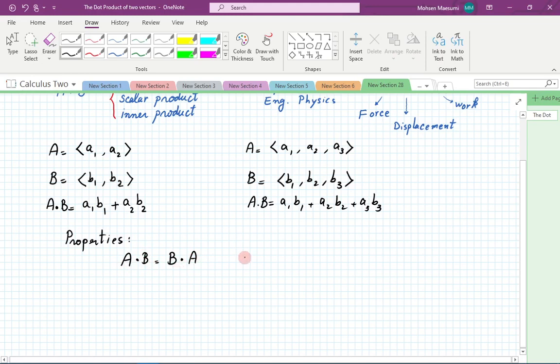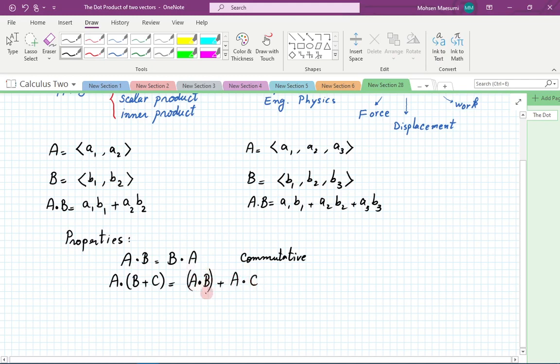So we call this commutative, just as ordinary multiplication. Also, if I have 3 vectors, of course all of them either 2-dimensional or all of them 3-dimensional, we cannot mix and match, we have A dot B plus A dot C.